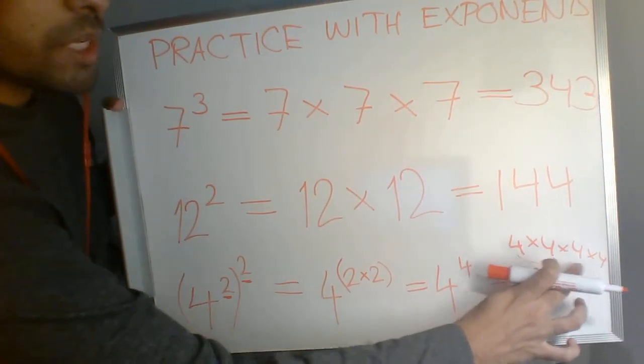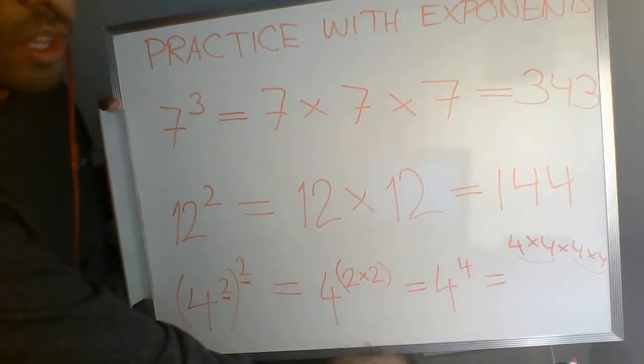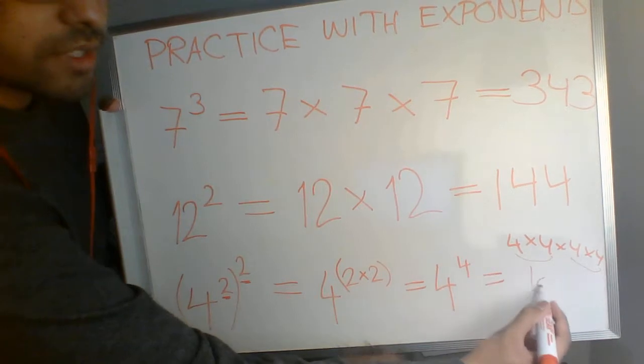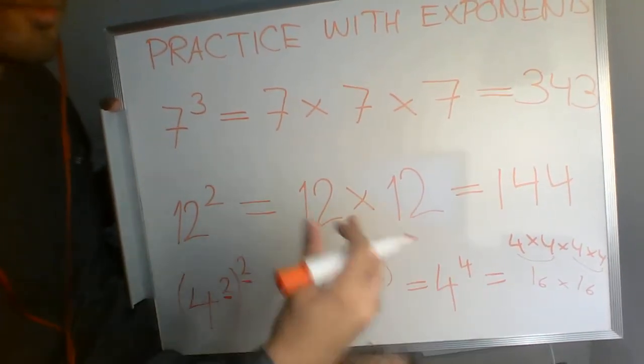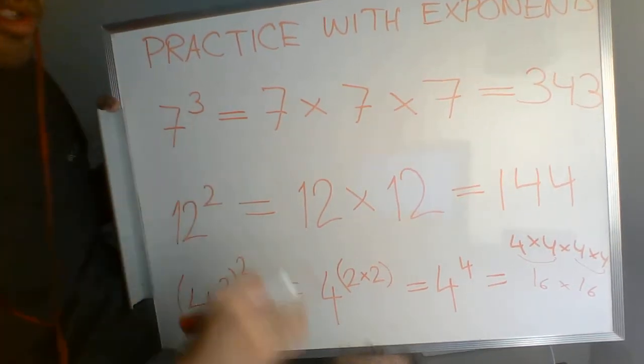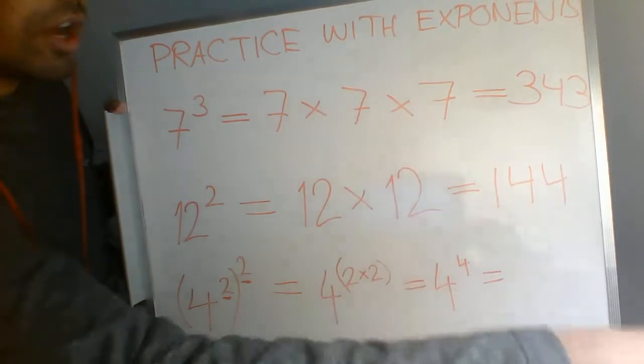Your other option would be you do 4 times 4 over here, and then 4 times 4 over there. So you use the other 2 4s, you get 16 here, 16 there, and then multiply those together. Whatever way is more comfortable for you to do that multiplication, that's totally up to you.